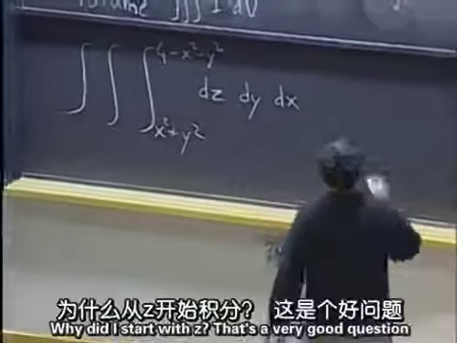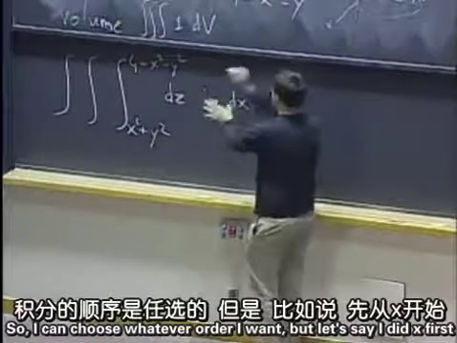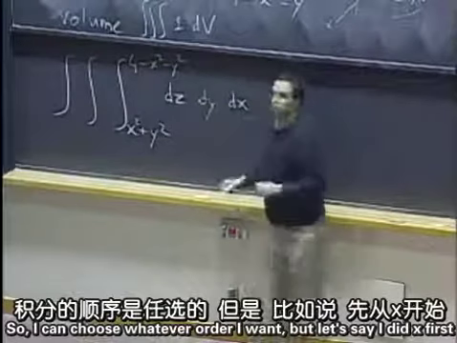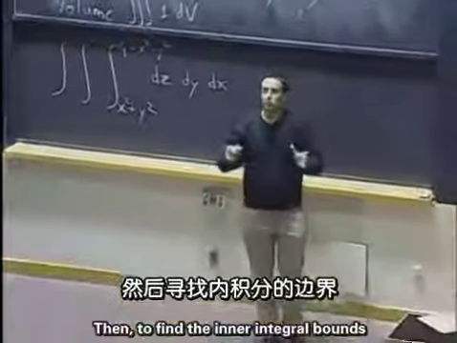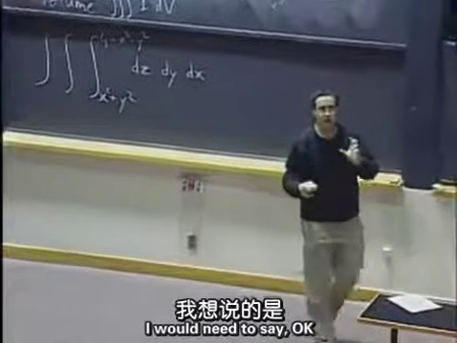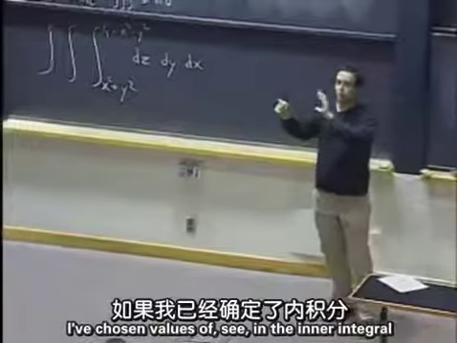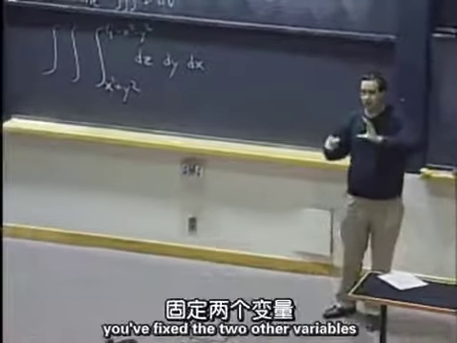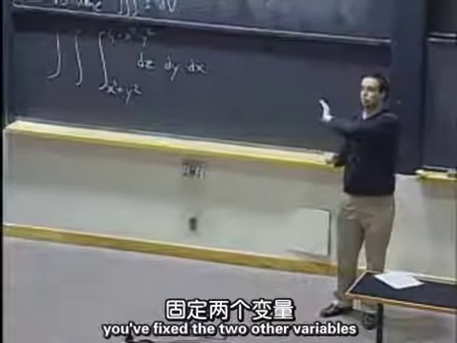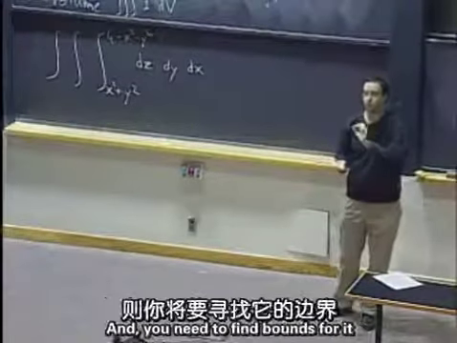Why did I start with z? That's a very good question. I could choose whatever order I want, but let's say I did x first. In the inner integral, you've fixed the two other variables, and you're just going to vary that one, and you need to find bounds for it.